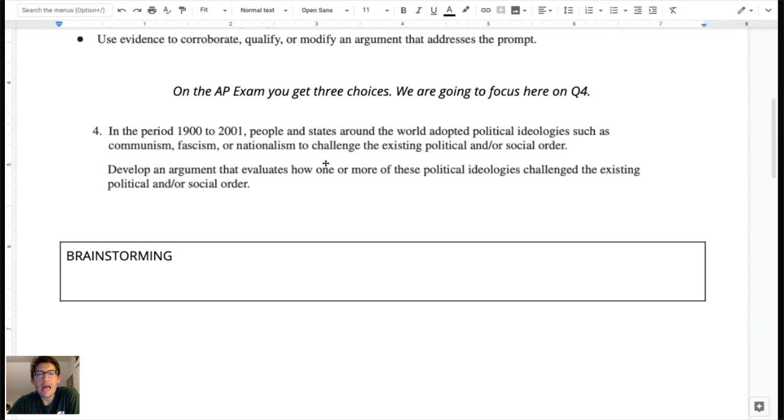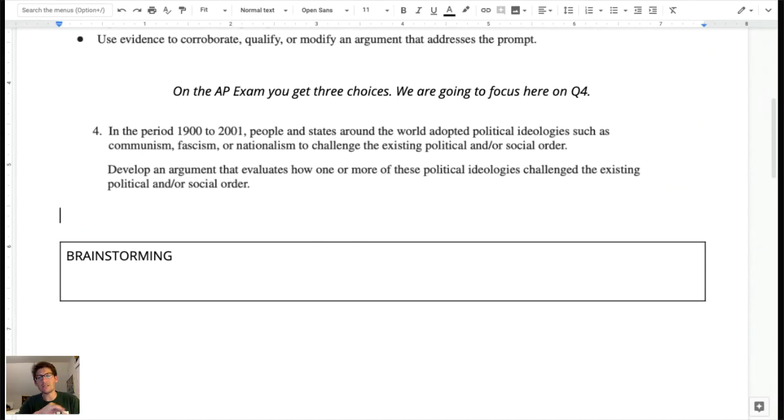But here, one or more of these political ideologies: communism, fascism, or nationalism. That means you can deal with all three of them, or two of them in any combination, or just one of them. You could write a whole paper just on communism, or just on fascism, or just on nationalism.